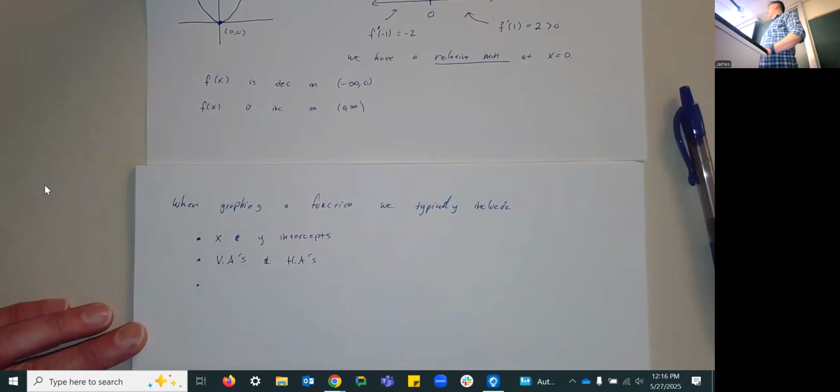All of these come with the caveat that if there are any, right? Your function could not have a y-intercept, or not have an x-intercept, or not have a vertical or horizontal asymptote. But if there are any defined, we find them.